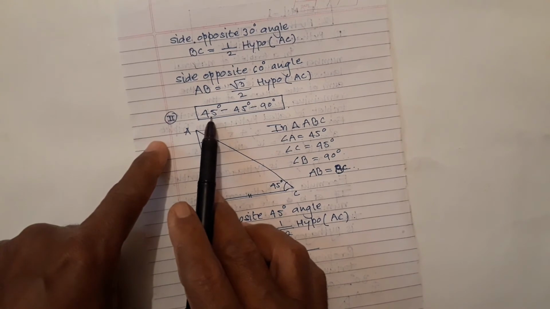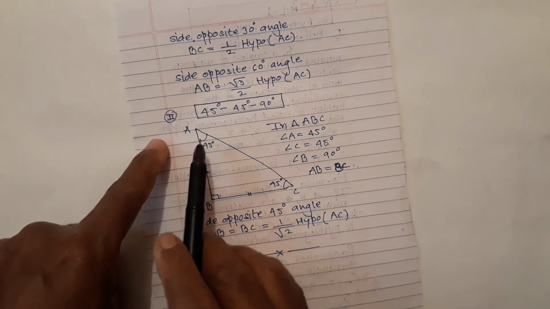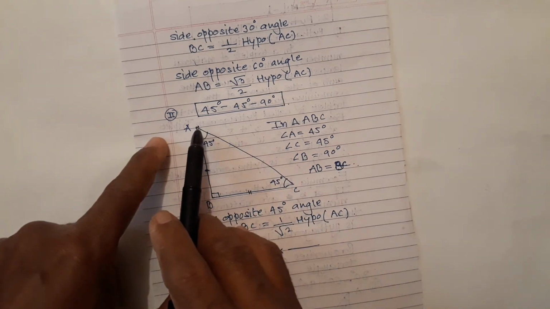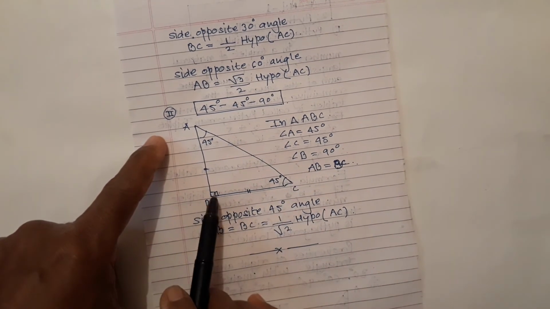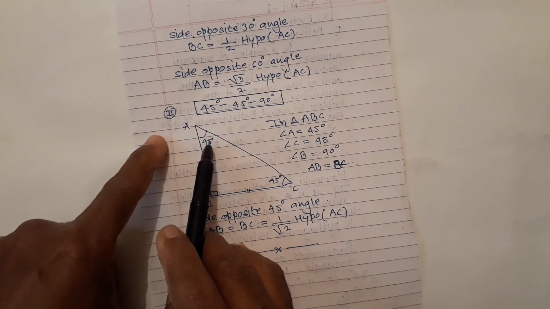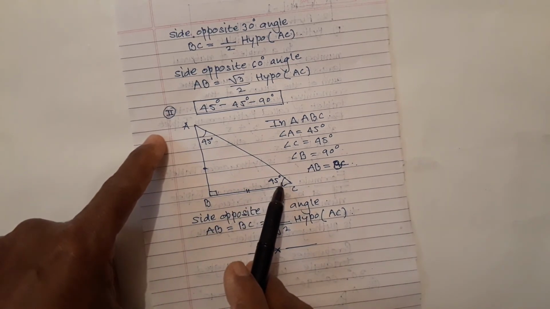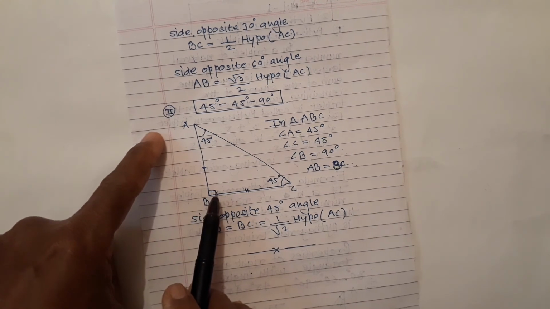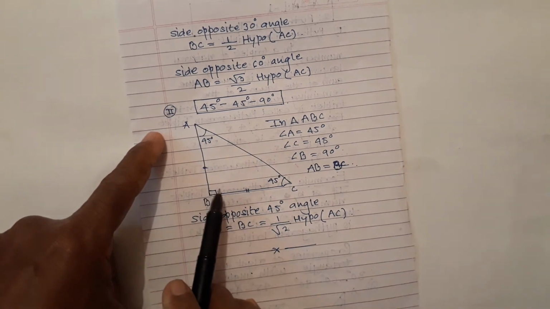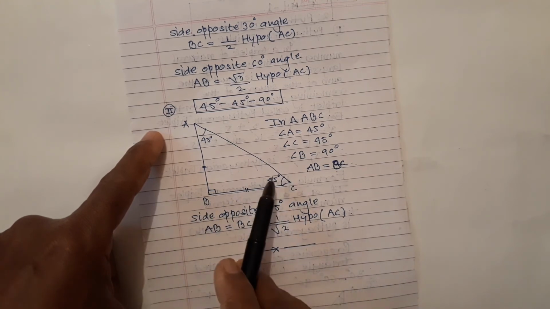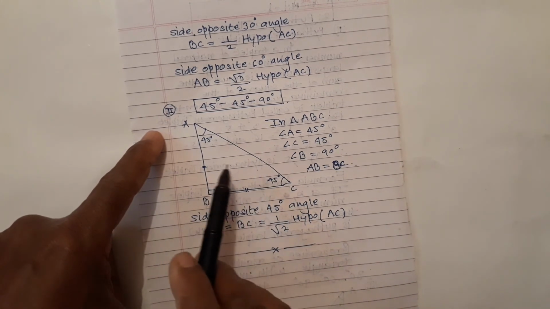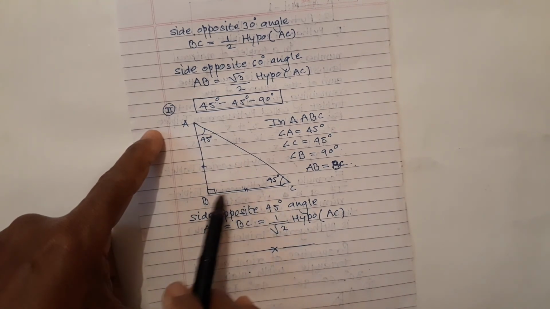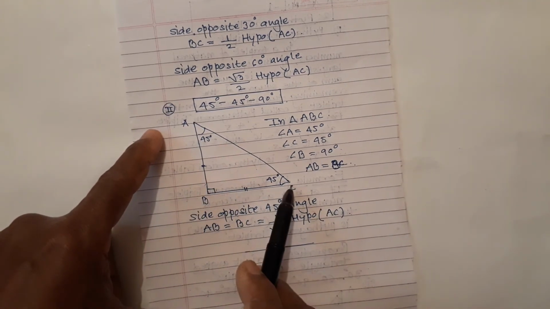Now suppose the triangle is 45, 45, 90, means this is triangle ABC in which angle A is equal to 45, angle C is equal to 45 and angle B is equal to 90. Then in this case AB is equal to BC because these two angles are equal. Sides opposite to congruent angles are equal, and therefore AB is equal to BC.